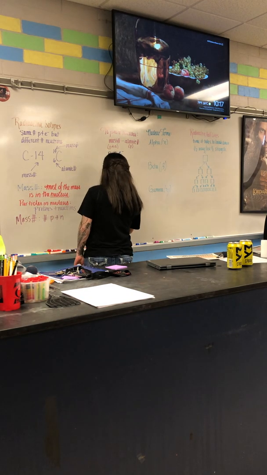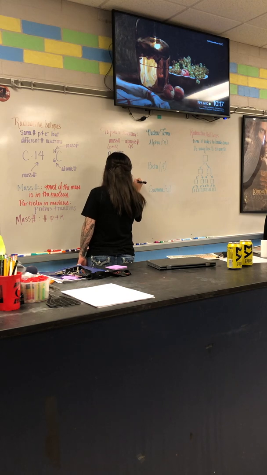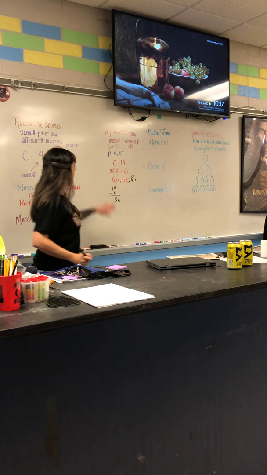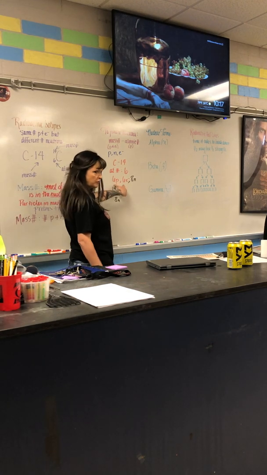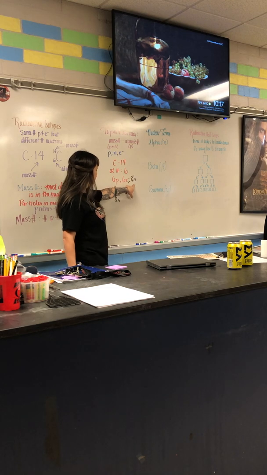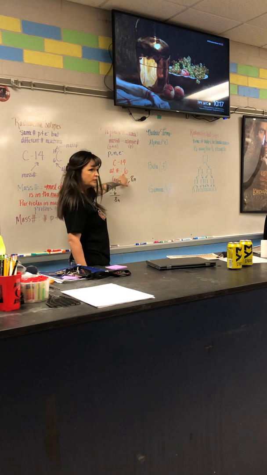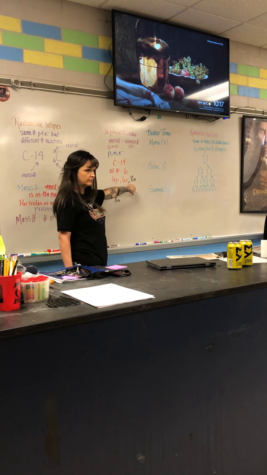So it's got 8 neutrons. This isotope, carbon-14, has 6 protons and 6 electrons, which we found from the atomic number, and 8 neutrons, which we found by taking the mass number and subtracting away the atomic number.